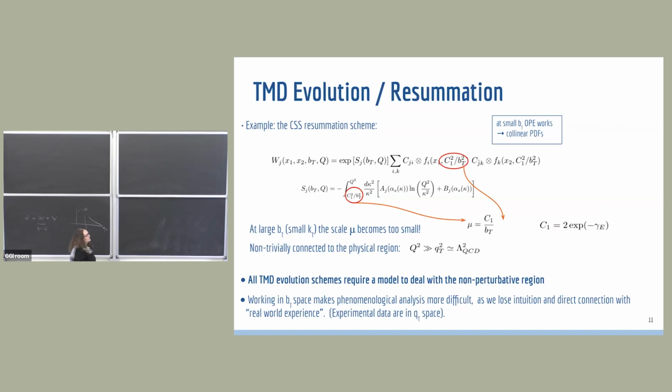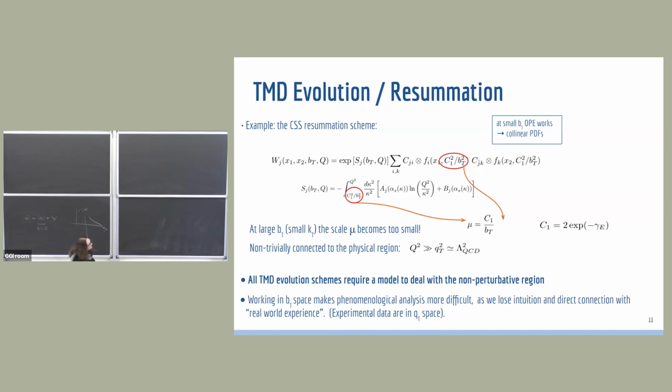And there are two of these convolutions because this is Drell-Yan, so you have two hadrons, okay? And the Sudakov factor is defined in this way, and it's computable in perturbation theory. These coefficients A and B are known. You can compute them in perturbation theory.